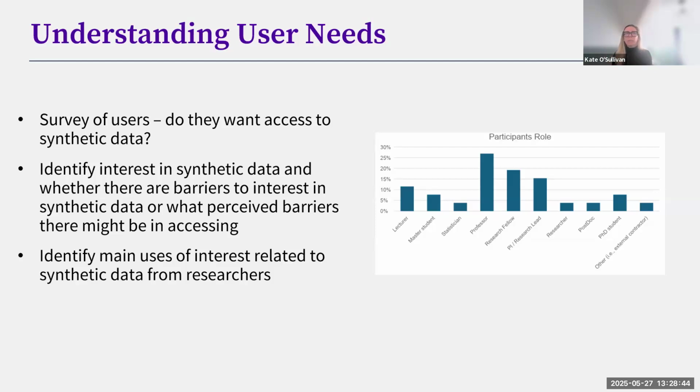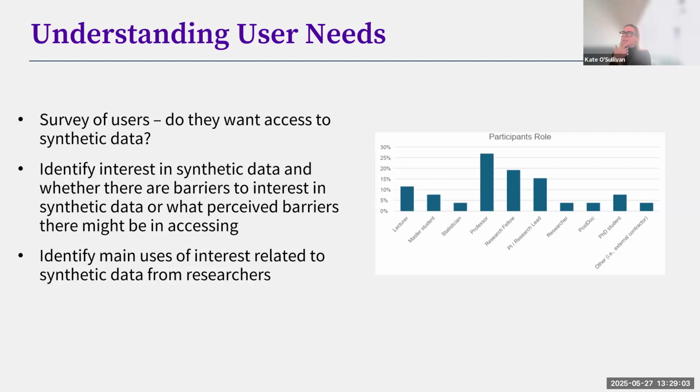So what were their perceptions about gaining access to synthetic data? And we wanted to identify the main uses of interest related to synthetic data. So very nicely off the back of the work that Lewis just shared.